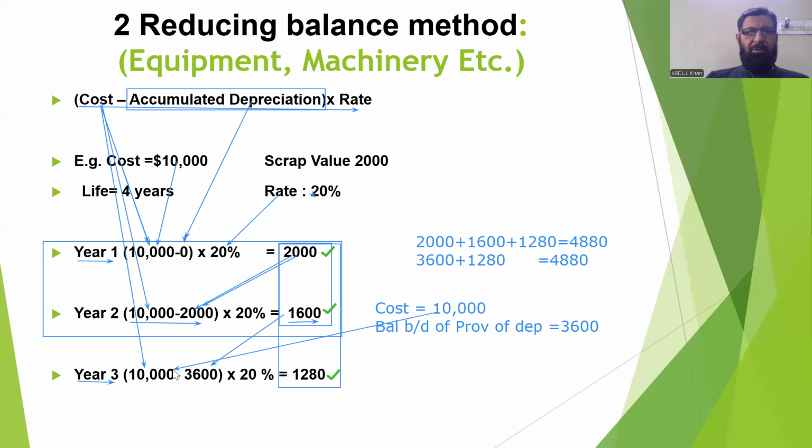You will write the cost here, and because the balance brought down is already given, you will write that balance here and apply the percentage, and you will get the same answer.